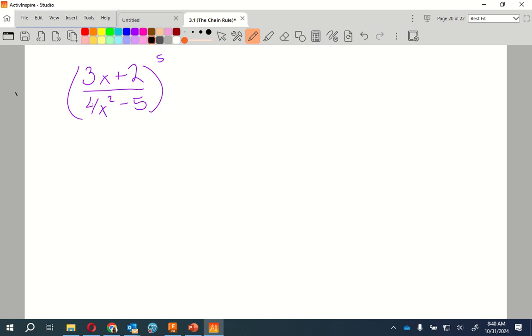All right, identify what type of problem we have. This is a what? It's a quotient rule, okay? But it's inside a chain rule, isn't it? Okay, so now, just for visual sake, I'm going to say U is going to be all this.